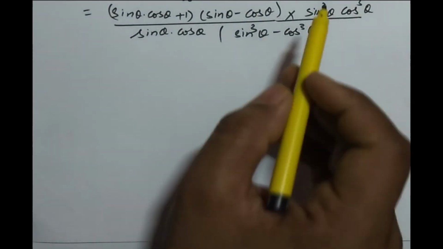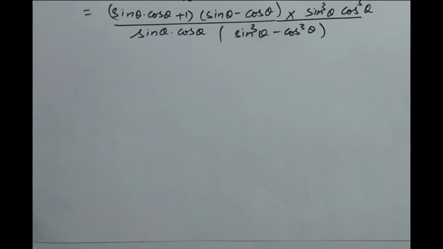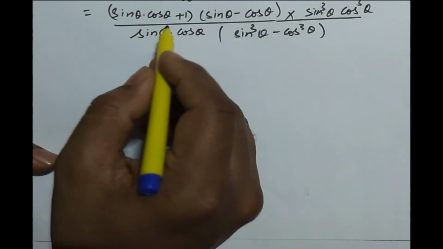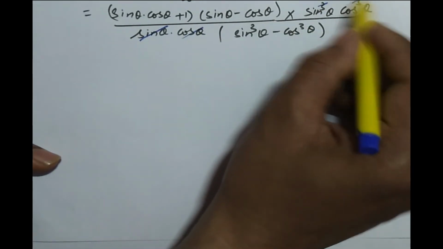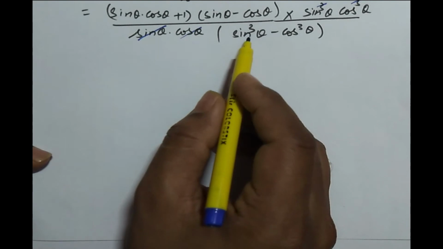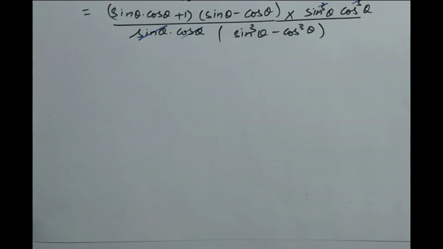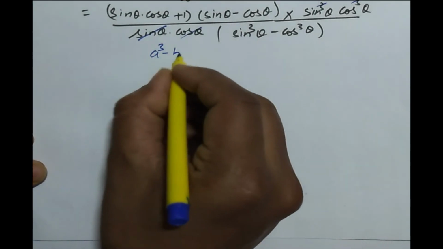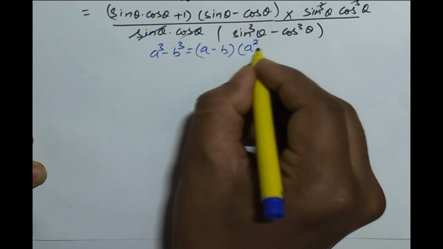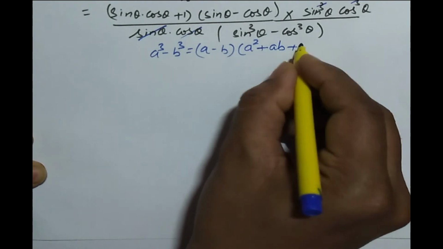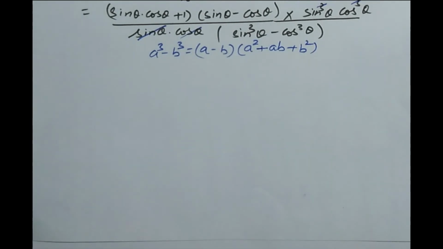Now you see what you can cancel: this is sine cube, this is cos, so this can be cancelled with this power, and this cancelled with this, and here you can apply a cube minus b cube. The identity you must remember, I am writing the identity here: a cube minus b cube is a minus b bracket a square plus ab plus b square. So we are going to apply this identity.